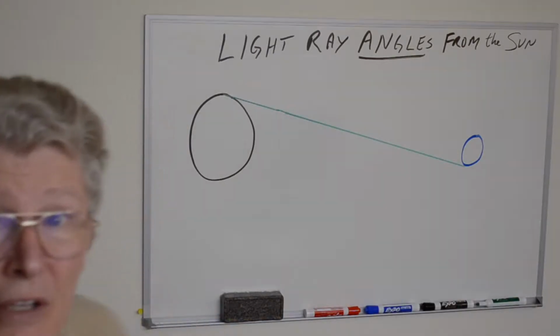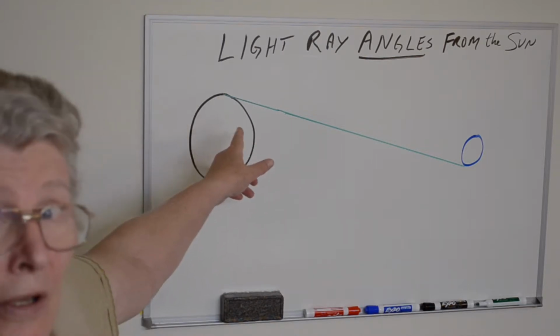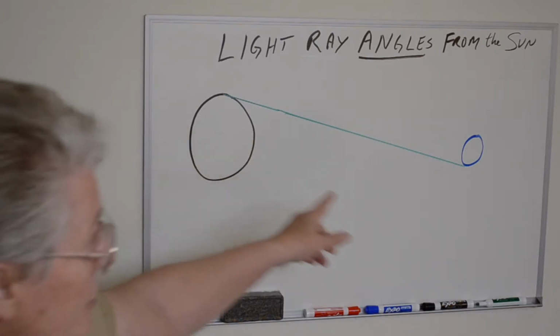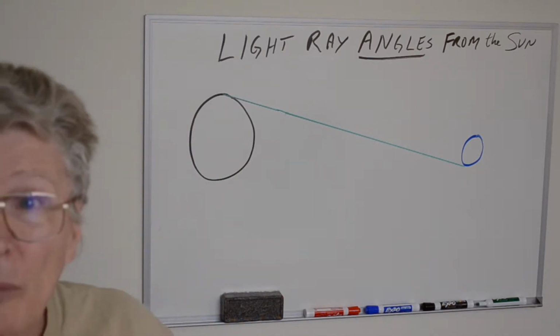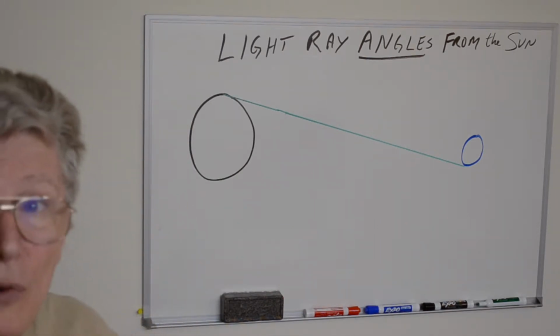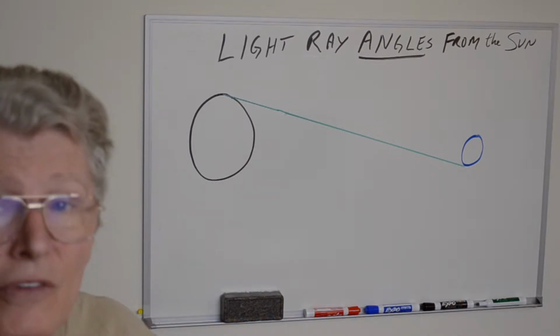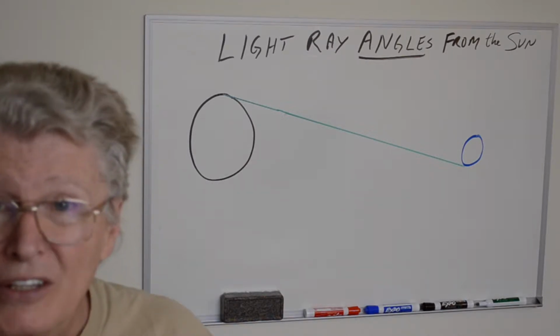So a light ray leaving the top of the sun and striking the lowest part of the earth that's visible to it would be the angle that deviates the greatest amount from 90 degrees.